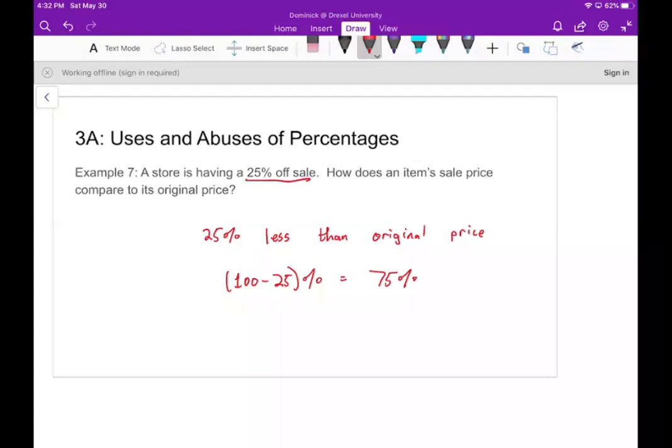You could relate this by saying that if I take the original item and multiply it by 0.75, I'm going to get the sale price. All right, so that's how you can use that to find the sale price.